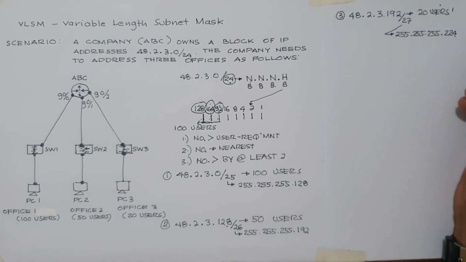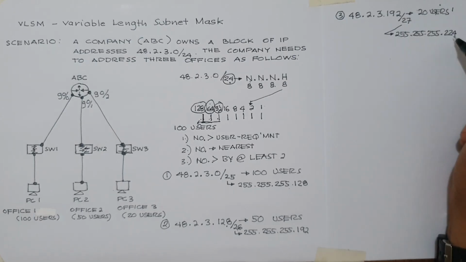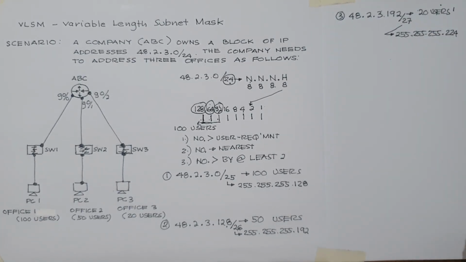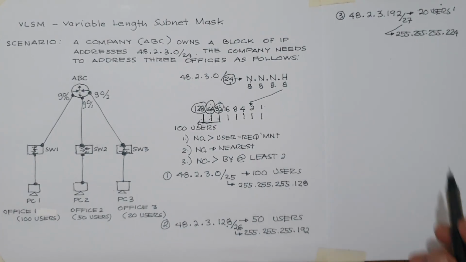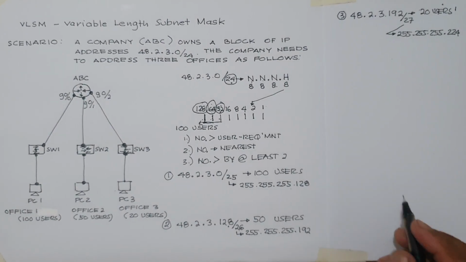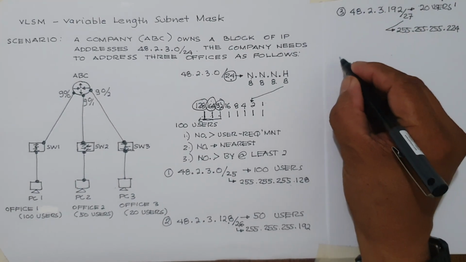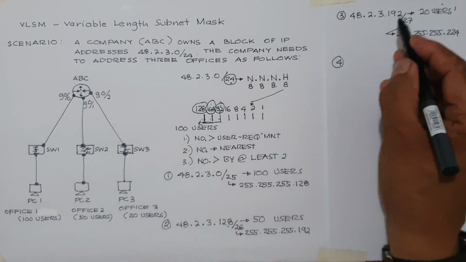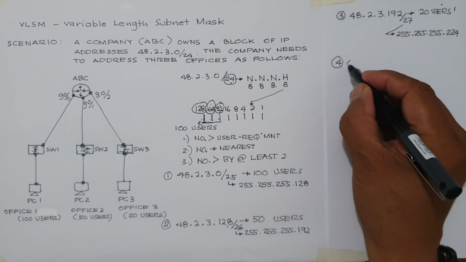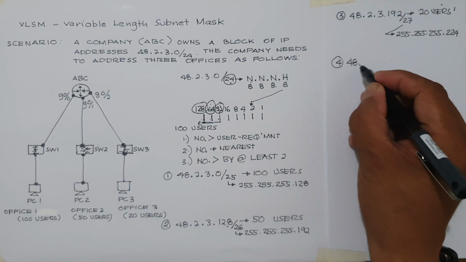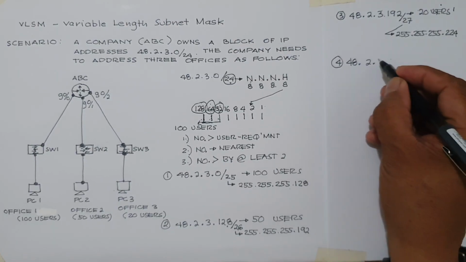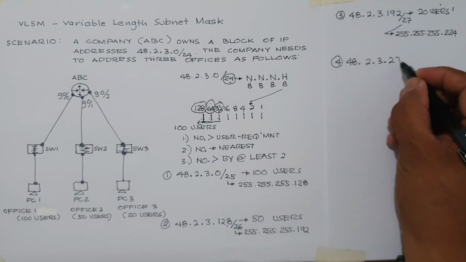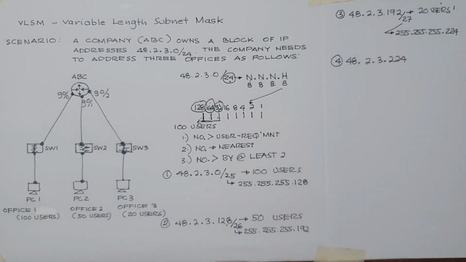So that is the subnet mask for this subnet. Okay, so what comes next after the third subnet? So the fourth subnet, we now add 32 to the fourth octet. So that will be 48.2.3 plus 32, you'll get 224.